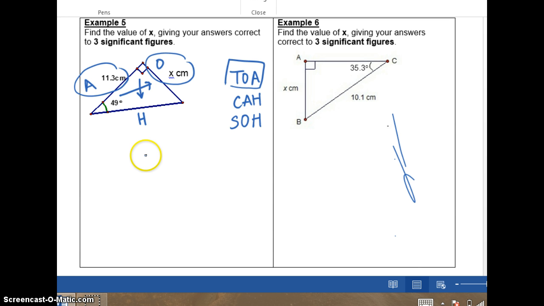Once we have decided on tangent, we can now write down the equation. The reference angle is 49 degrees, and it is always O over A, which is represented by x over 11.3. We will use the same method of solving by multiplying 11.3 on both sides and make x the subject.